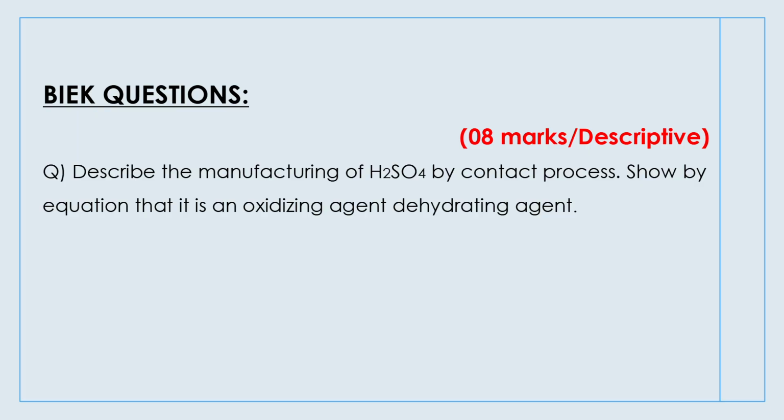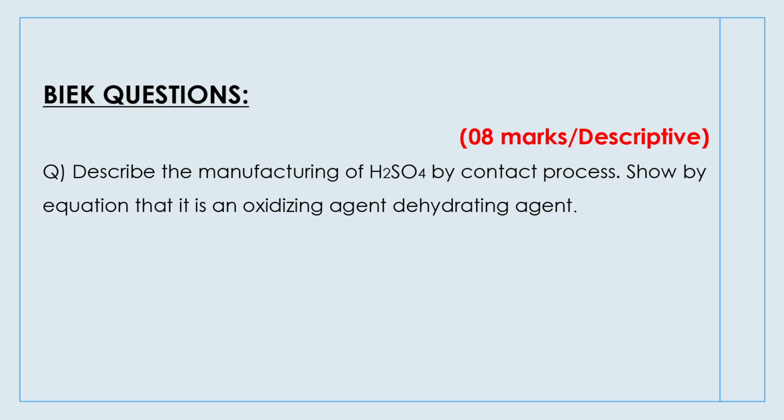For example, if you are writing carbon, then you can write the metal, either copper or aluminium. It's completely up to you. For dehydrating agent, we have 3 reactions, that is with glucose, sucrose and wood. So whatever you feel is the easiest one, or you remember, or you have a better understanding of, you can choose and you will get the full marks.